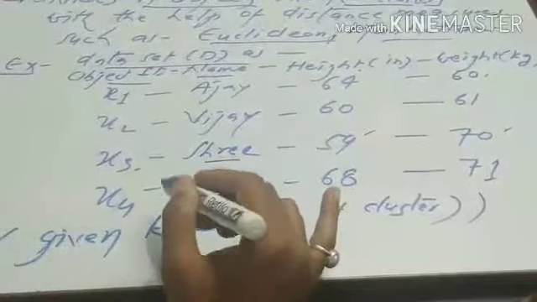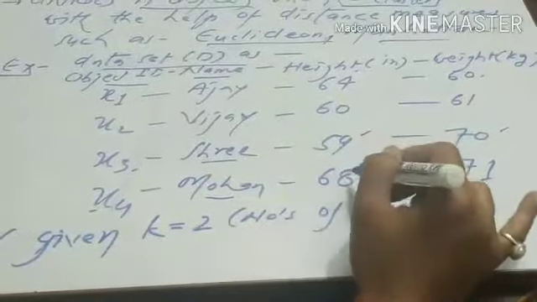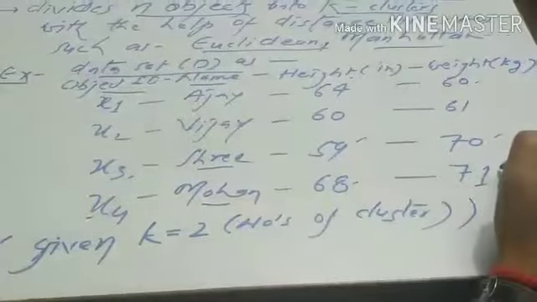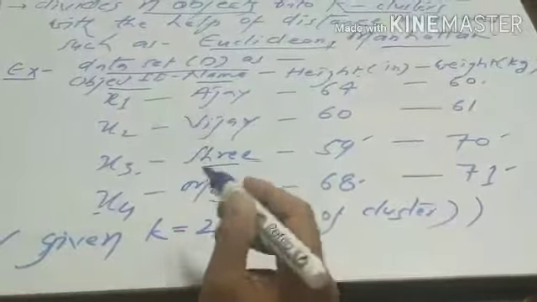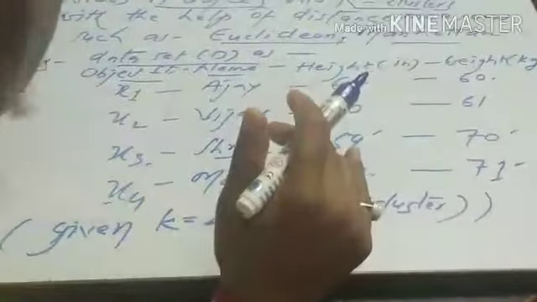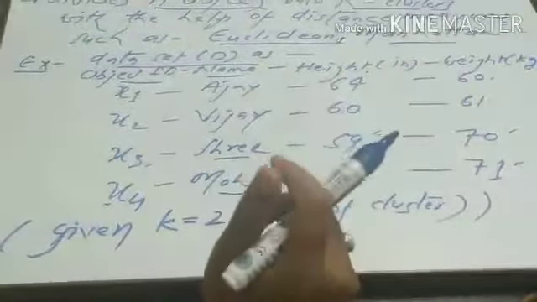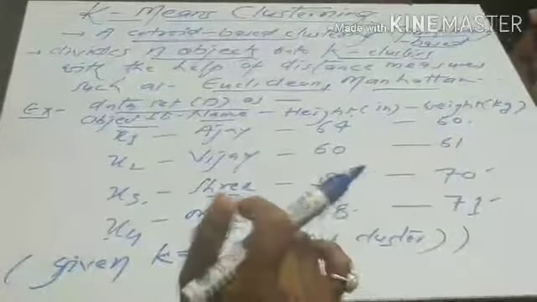And the last object is x4, name Mohan, height 68 and weight 71. We are given the number of clusters as 2, so we divide these 4 points into 2 clusters with the help of the k-means algorithm.